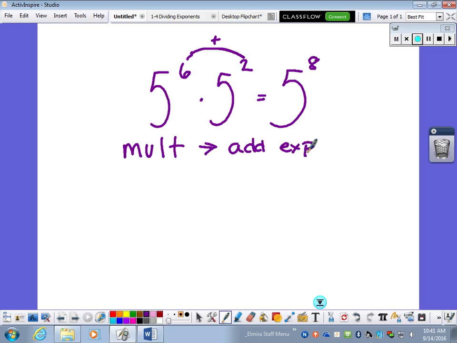So today we are doing problems that look like this. 5 to the 6th power divided by 5 to the 2nd power. So this is a divide problem. Since multiply and divide are opposites, add and subtract are opposites.